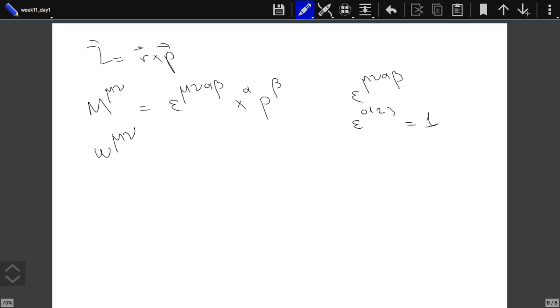Or I first act with R3, and then the action of R1 and R2 I can consider as a single rotation. These two should be the same. They should be associative. So the corresponding operators should satisfy the same property.